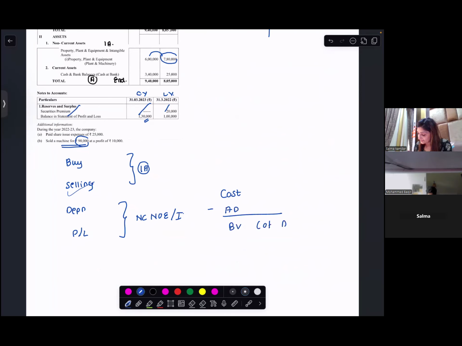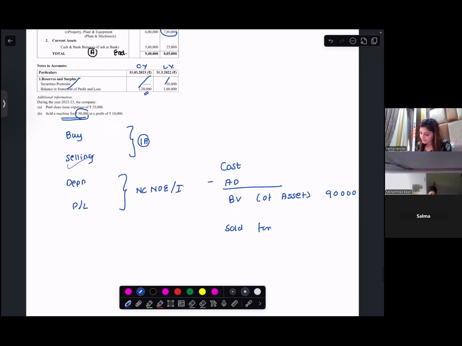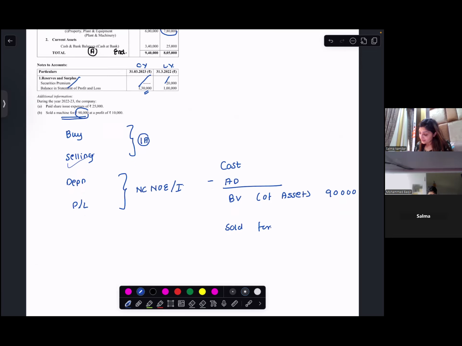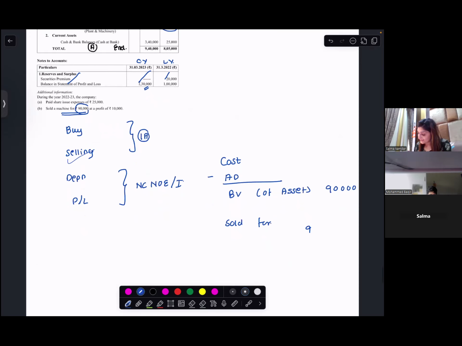Book value of asset is how much? It is sold for 90,000 and when I sold it, I made a profit of 10,000. So can you tell me what will be the book value?